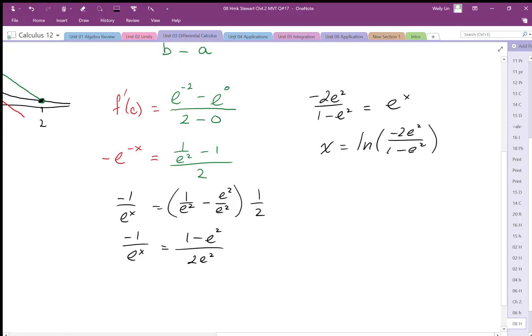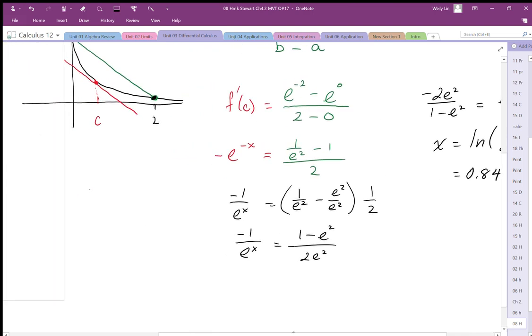Then working out that log value, it's going to be log of negative 2e squared divided by 1 minus e squared, and that's going to give me a value of 0.8385, so I'm just going to round that to 0.84.